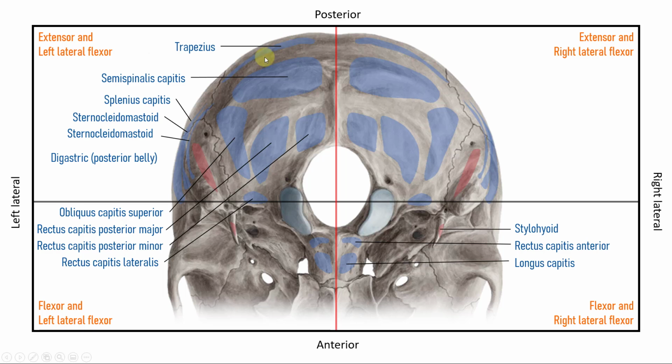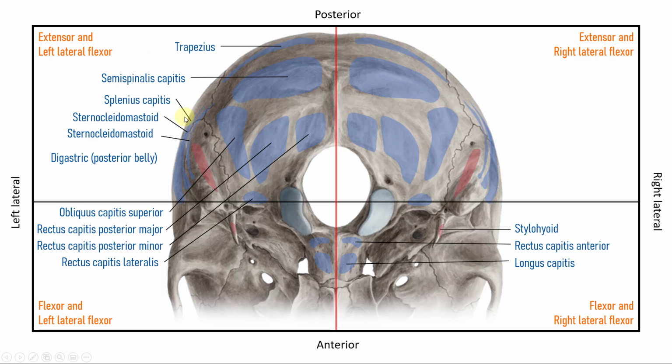So you can see trapezius is our most powerful neck extensor, followed by semispinalis capitis. And although the attachment's more broad here, this muscle is extremely thick, right? Again, the third largest muscle in the body. So the trap, which we learned as a shoulder muscle, is the most powerful extensor, and it's a very powerful rotator as well. And then you have your sternocleidomastoid, which we said had a big lateral component.